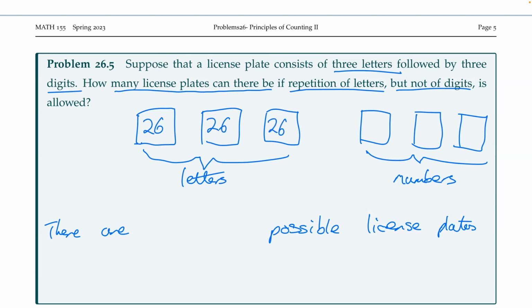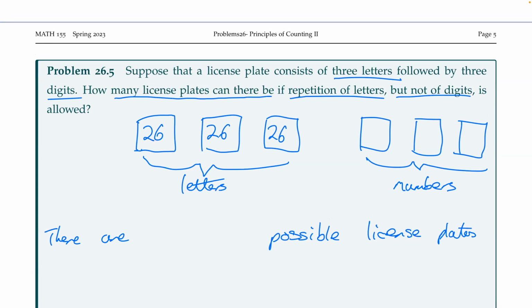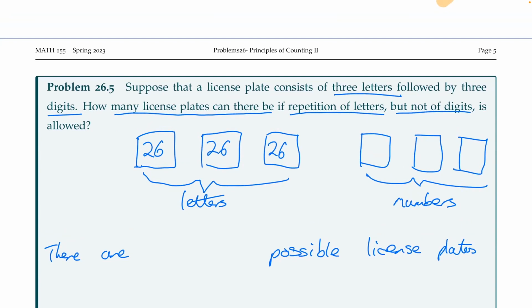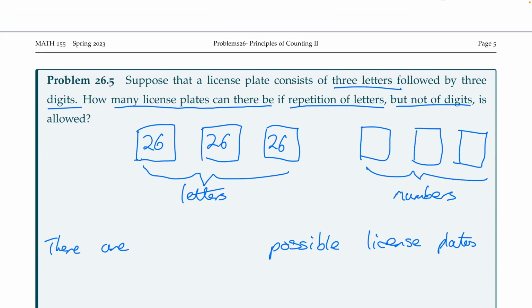So we don't care about permutations, we don't care about combinations here. If this was a question of permutations and you couldn't repeat a letter, then we would have 26, 25, 24.